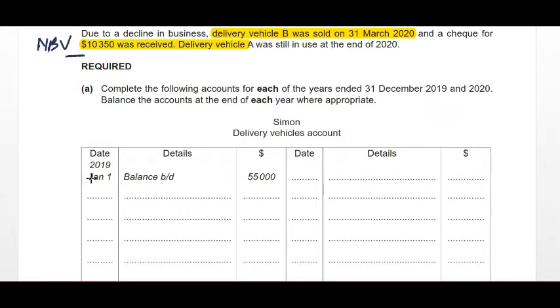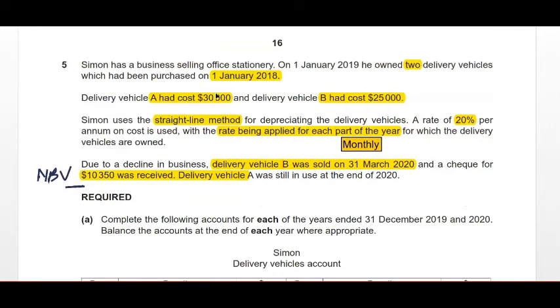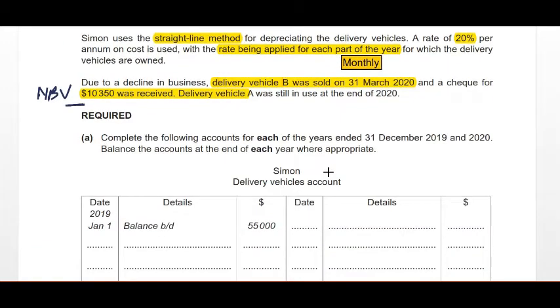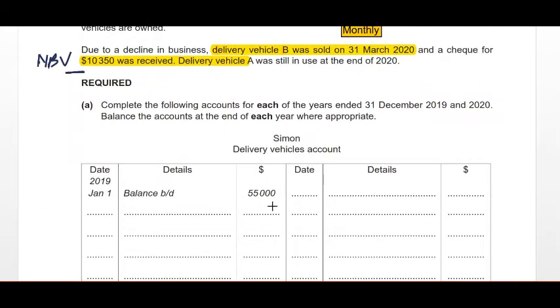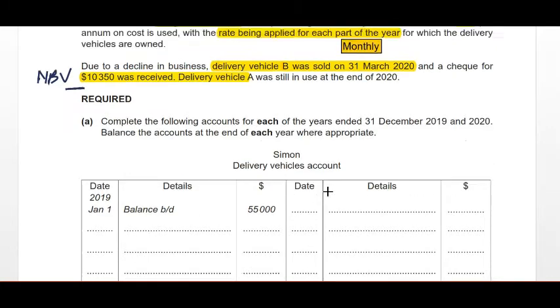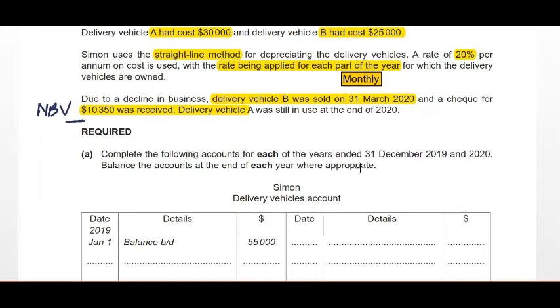So starting off with 2019 January 1, the opening balance of 55,000 has been given to us. This 55,000 is 30,000 plus 25,000, because these are the 2 vehicles that were owned by the business. Now in 2019, this is 1st January 2019.